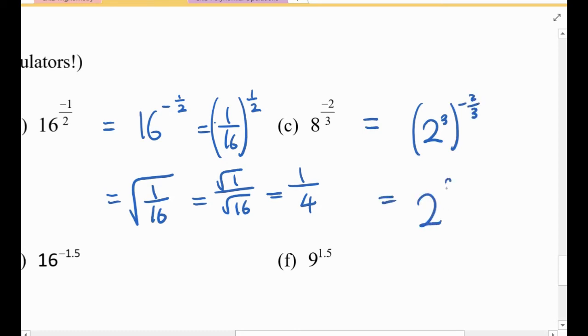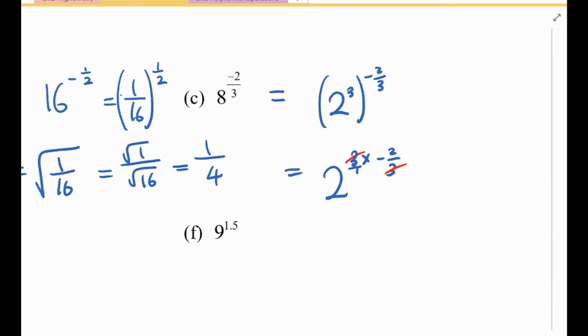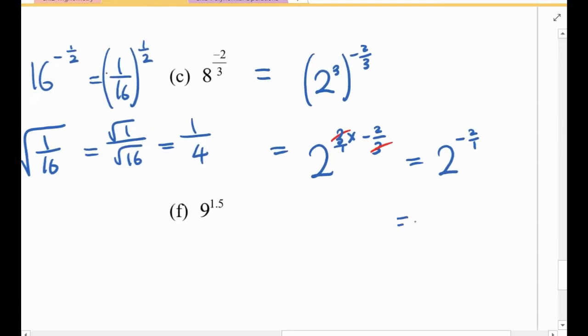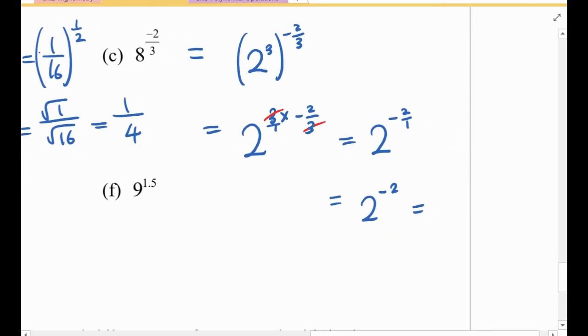Okay, 3 times 3/1 times -2/3. 3 cancel. 2 to the power of -2. Okay, negative exponent. You flip the base and make the exponent positive. So 1/2 squared is 1/4.